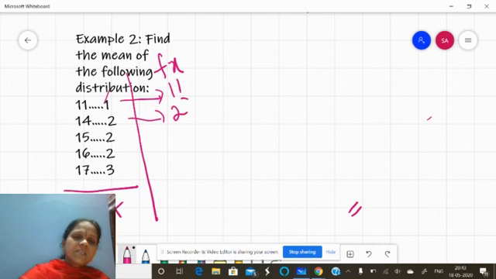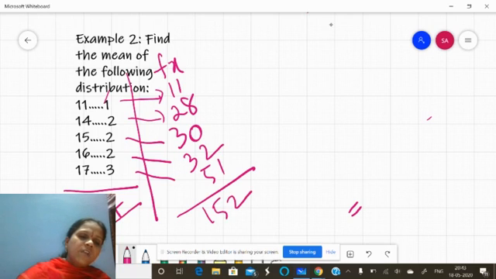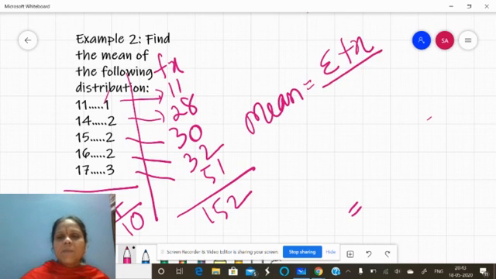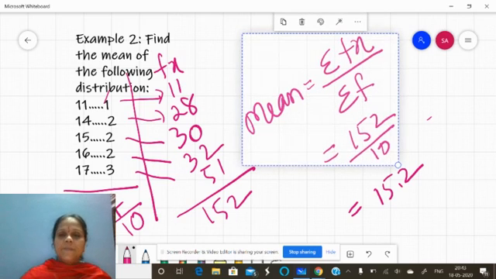So 11, 28, 30, 32, 51. So I'll sum up all this. I'll be getting 152 and sum of all frequencies is 10. So according to the mean formula for the frequency distribution, I have sigma fx by sigma f, which is equal to 152 by 10, which is equal to 15.2. So this is how I calculate the mean for the frequency distribution table.